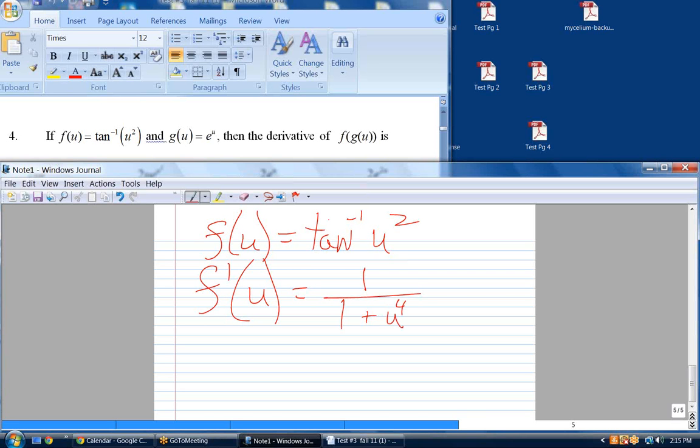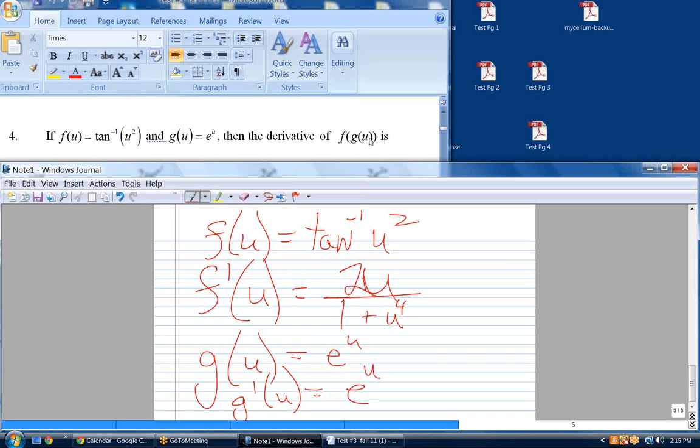Yeah. And we still have to take the derivative of this inside. So I'm going to say that that's times 2u. Okay? So now let's figure out what g of u is. That is e to the u. So g prime of u is e to the u.